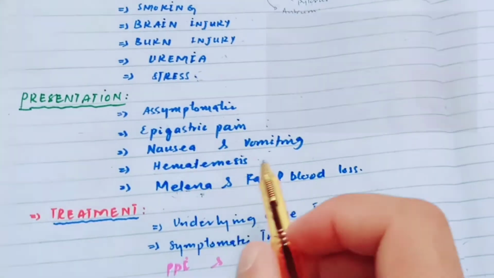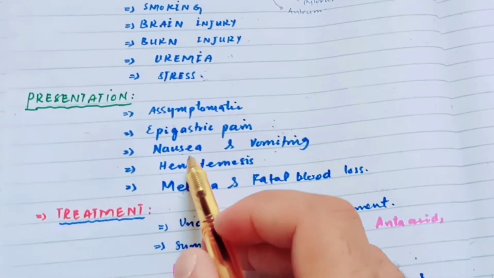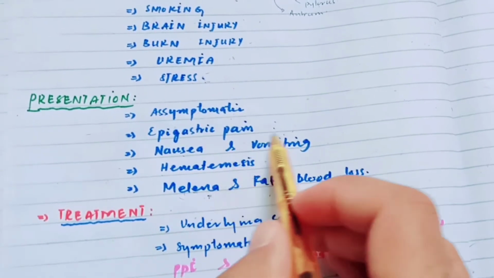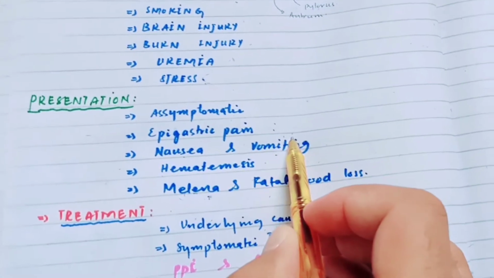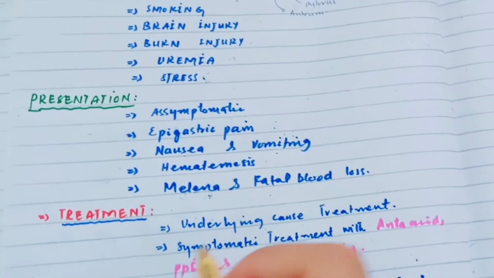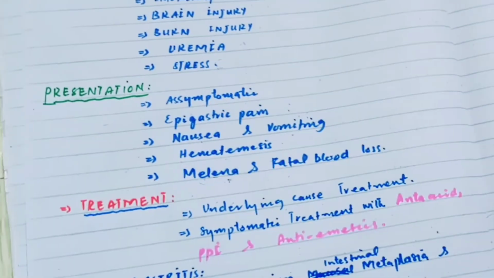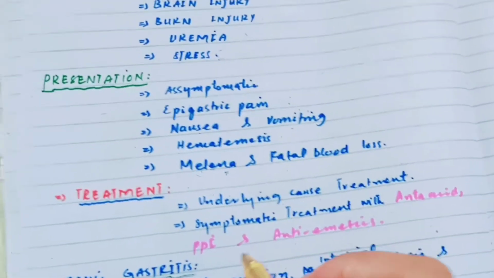Then the other is symptomatic treatment. For example, if you have nausea and vomiting, you can take antiemetic drugs like prochlorperazine. And if you have anemia due to blood loss, you can take B12 or iron or folate.